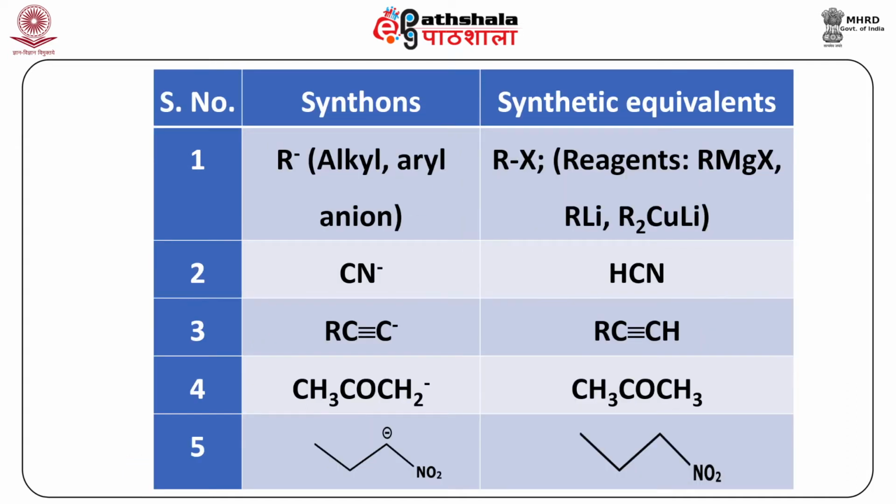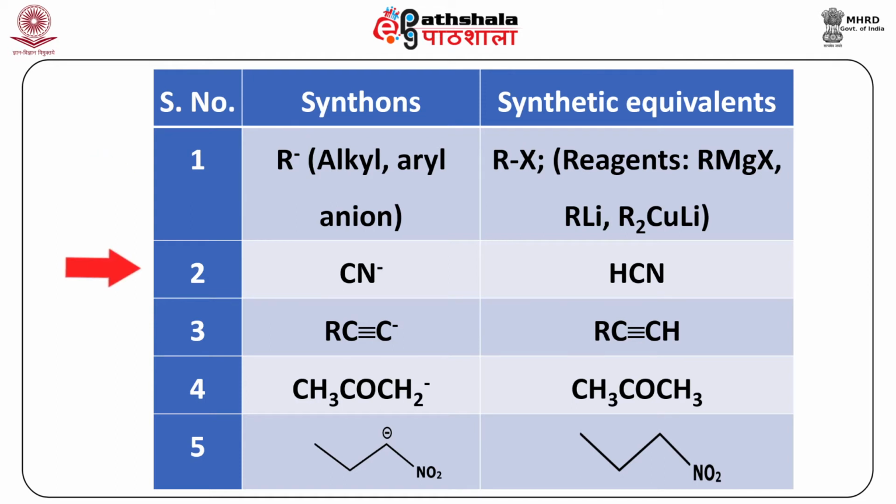Let us look at the list of some common donor synthons and their synthetic equivalents. If you have R minus, the reagent can be RMgX or RLi or R2CuLi or RX in the presence of metals, because that is how you will be able to generate the R minus.